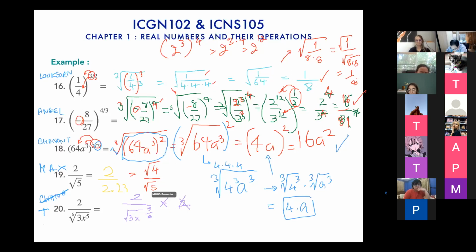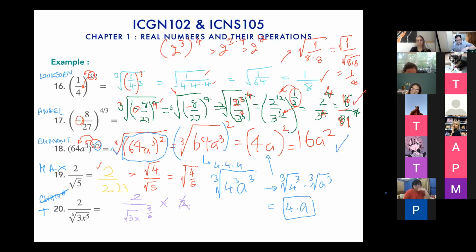So you can turn it to be square root of 4 over 5. This is one form of simplification as well. I like what Max tried to do, he tried his best to get 2 over 2.23, but if I let you simplify in terms of the radical, square root of 4 over 5 might be simpler than 2 over 2.23, something like that.